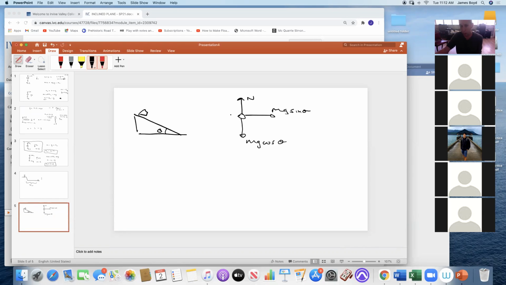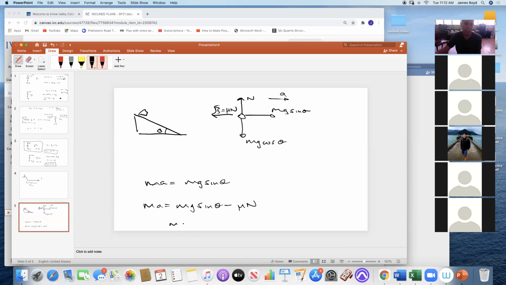And if there's friction, there may or may not be, it'll be mu N. And then we're going to take the acceleration, in our case, to be down. More on that later. So we get that ma is either mg sin theta, or if there's friction, ma is mg sin theta minus mu N.